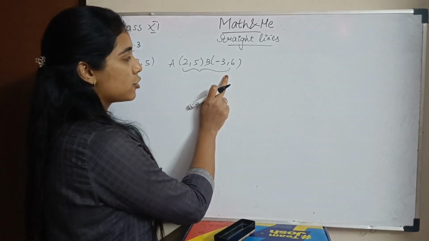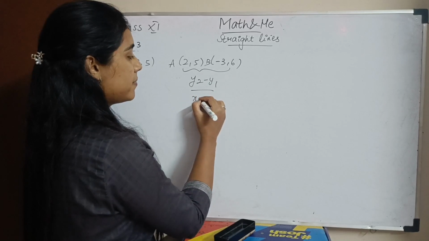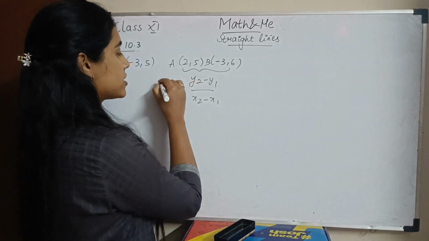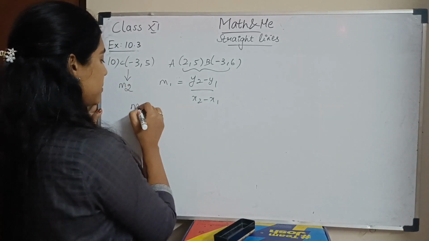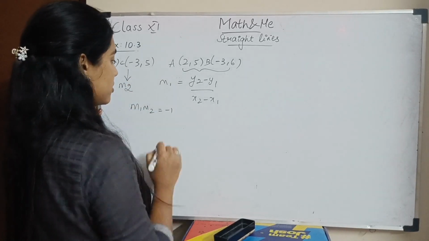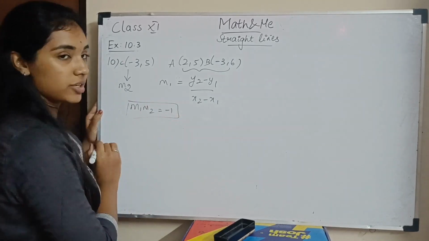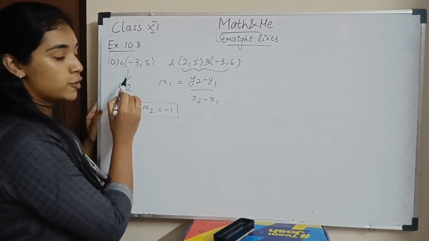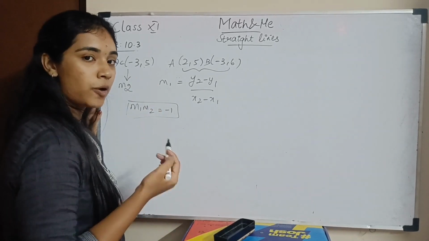What do you do with this? You find the slope of this. How do you find the slope? y2 minus y1 by x2 minus x1. So this will be your m1. So you need to find the slope of this, but they say that they are perpendicular to each other. So you need to find m2 using m1 and this relation. After you find m2, you use the slope and the point to find the equation of the line using point slope form.